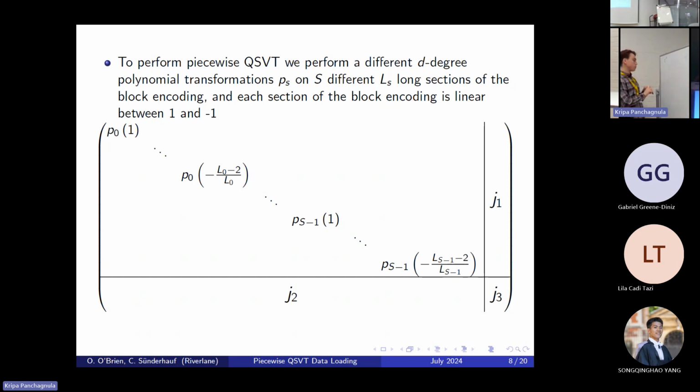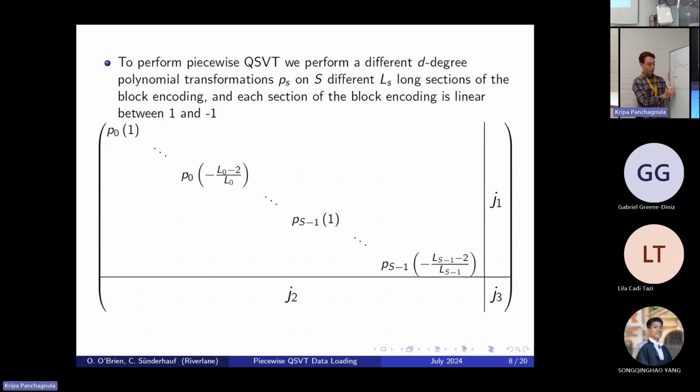What we had before was a block encoding with diagonal values starting at 1 and going to -1. So these are the diagonal values along the y-axis, and it looks something like this. And what we want now is something where we split up our range into S different regions. So S regions.